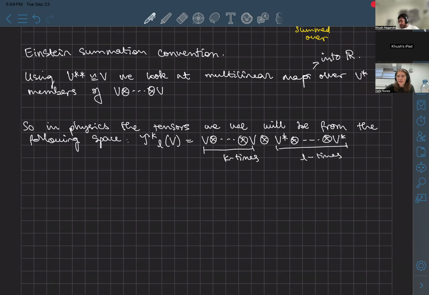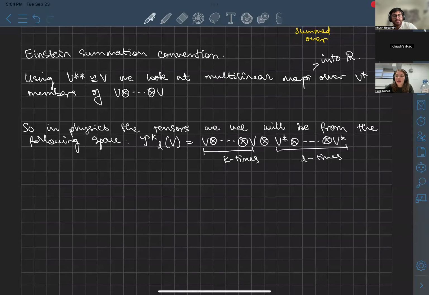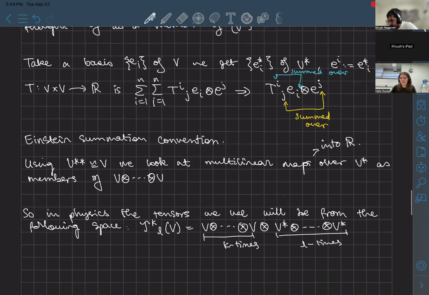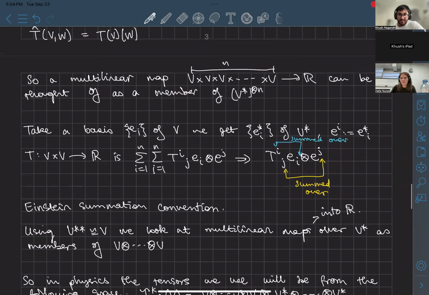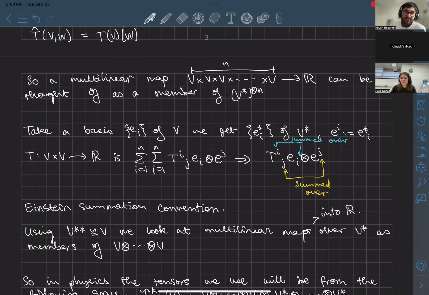I actually had a question. I'm a little late showing up to this, but is there a reason why we write K first and then L kind of beside it instead of along the same column? Oh yeah, that follows from just Einstein summation convention. I get tired of writing V star over and over again.